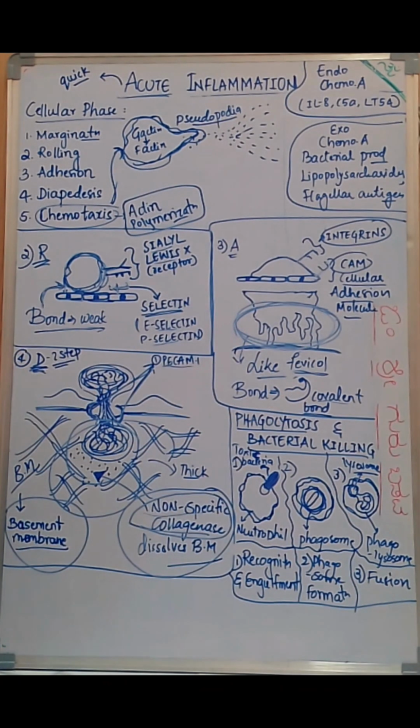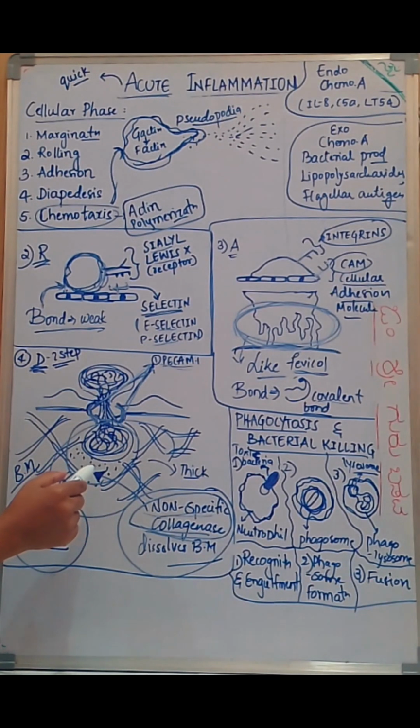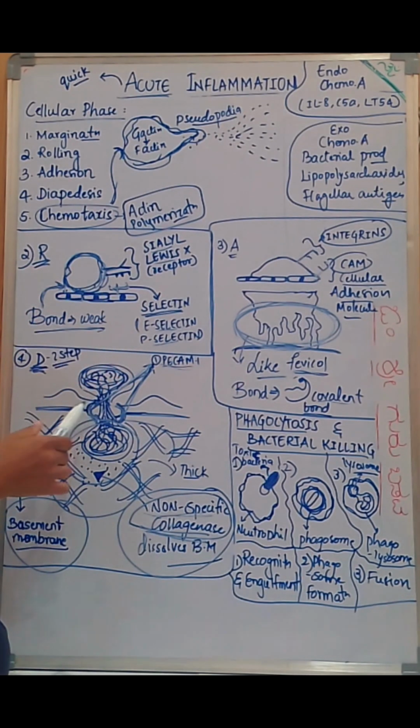Diapedesis is a two-step process. Here we see the PECAM-1 and the non-specific collagenase. So these are the PECAM-1 receptors. The neutrophils hold on to it and squeeze out of the blood vessel. So this helps in squeezing out and coming out of the blood vessel.